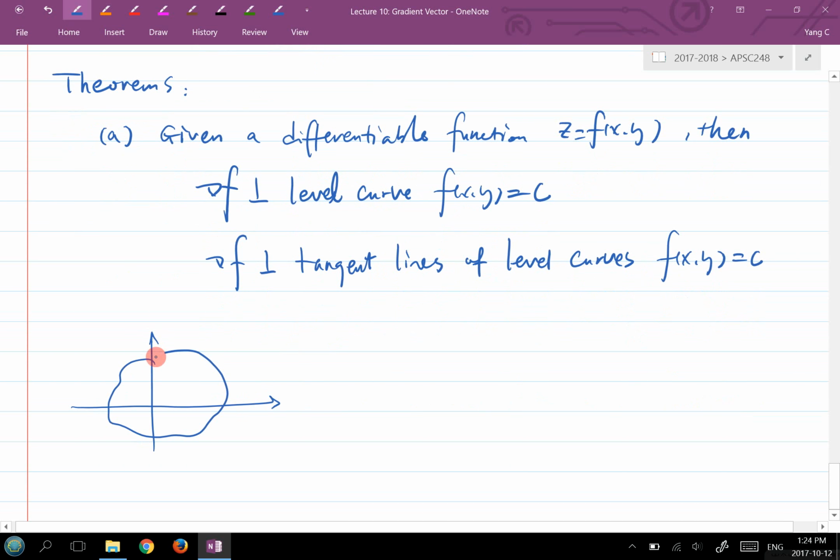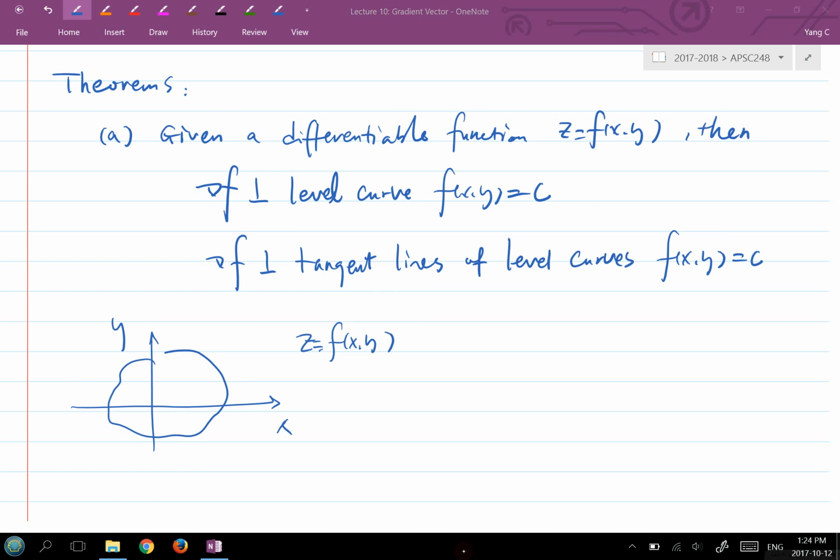So let's say I have a function f(x, y). If you have a function z equals f(x, y), then it's a surface, right? Then when you slice the surface, you get a whole bunch of level curves.